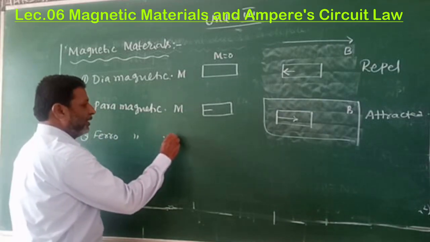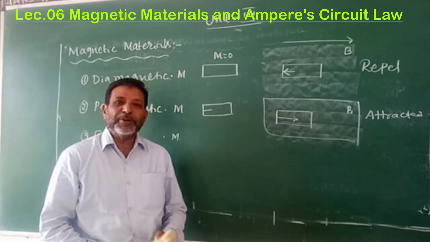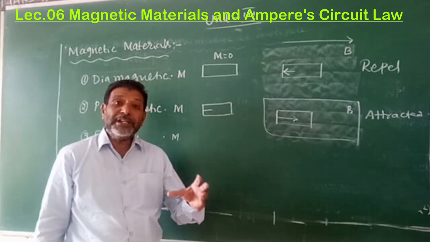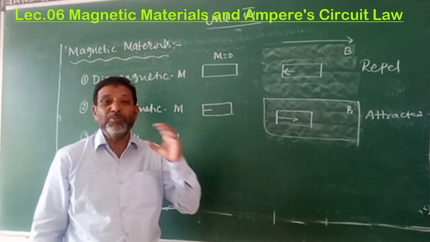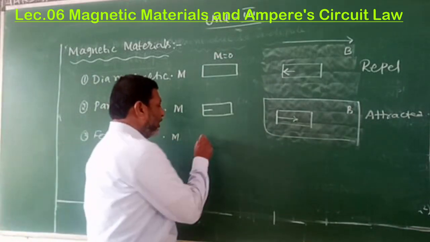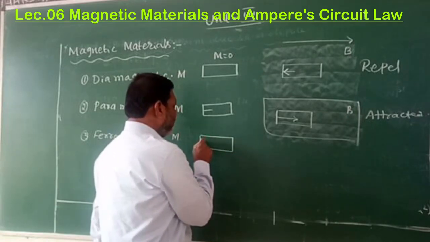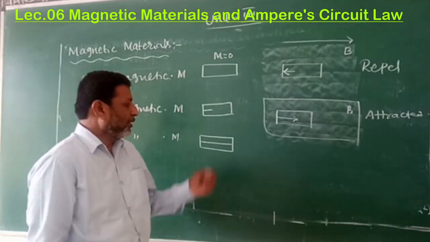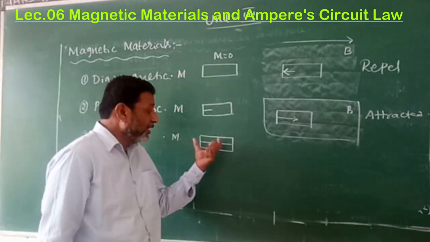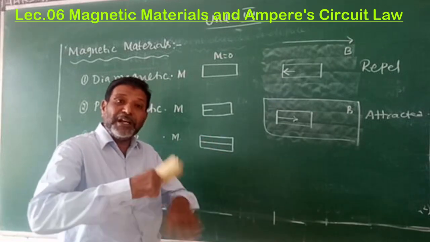Ferromagnetic material already has the maximum initial magnetic moment, but that moment is in random directions.